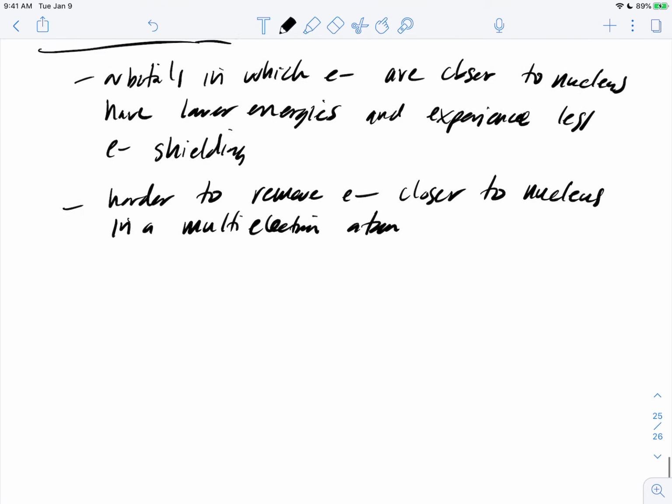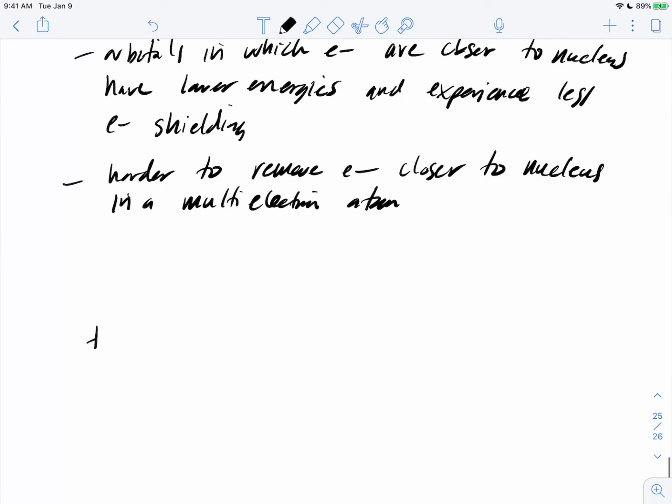The idea here is that we have a positive nucleus, and we're going to use the Bohr model of the atom for this representation. With the positive nucleus right here, we have two electrons, electron 1 and electron 2. Now we're just saying they're on average farther away from the nucleus.